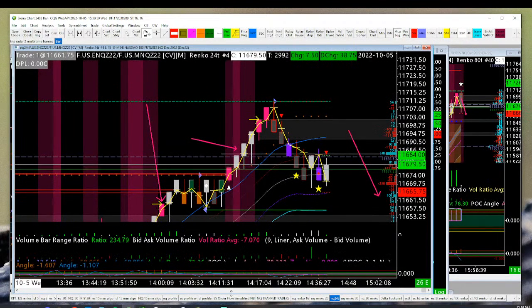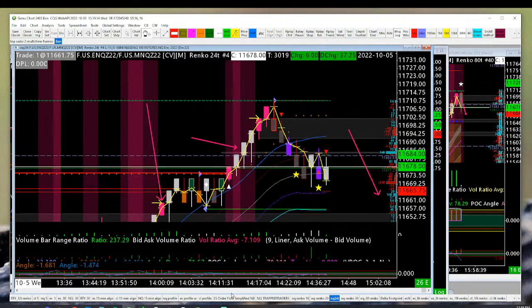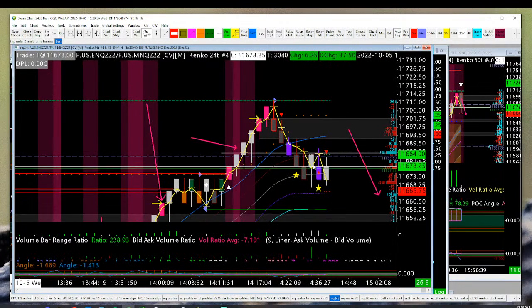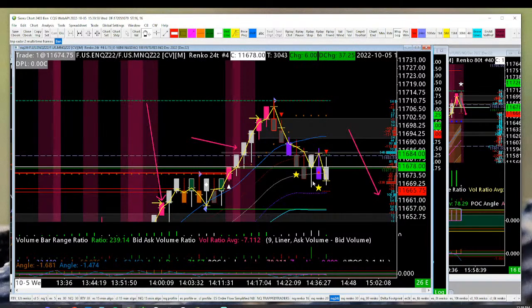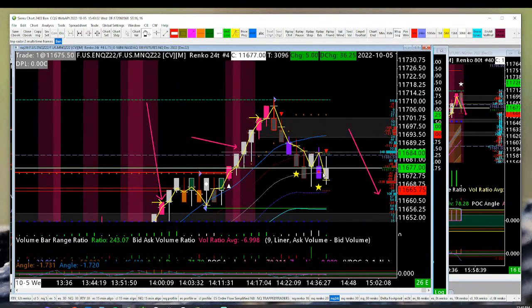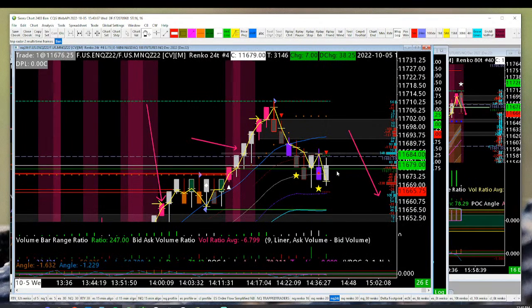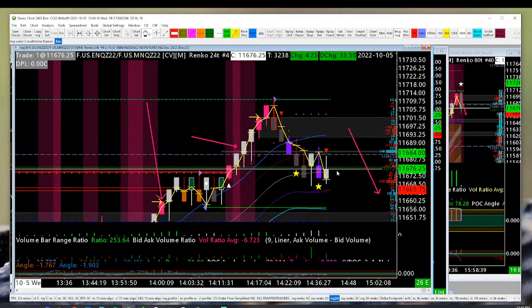When volume and price aren't working together, you have to take notice of that. So here, price is clearly trying to go down, but volume didn't. Now volume went down and price is not going down. That's not what you want to see if you're short.